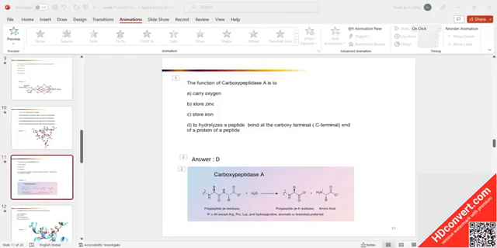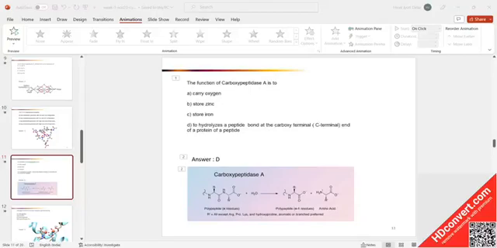So finally we get an n minus 1 polypeptide, and one of the amino acid side chains has been cleaved. So the role of carboxypeptidase A is to cleave the peptide bond from the C terminal end. And obviously we also know that it contains zinc in plus 2 oxidation state, but its basic role is not to store zinc, but to hydrolyze peptide bonds.